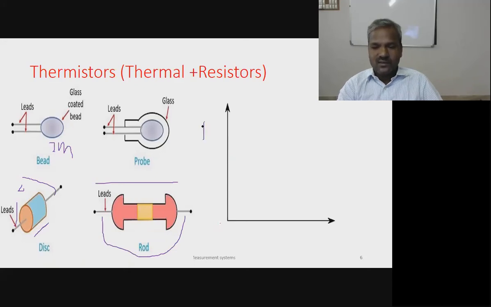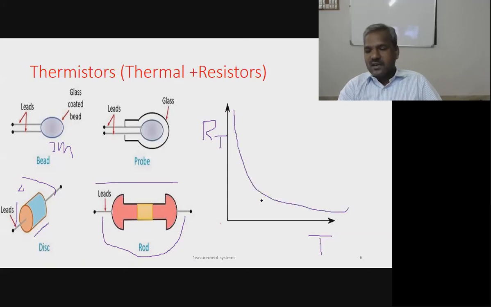Assume the y-axis is RT, the output of the thermistor, and the x-axis is temperature. The characteristic curve for the thermistor is exponentially decreasing. Whereas the characteristic of the RTD, PT100, is like this: 100 ohm at 0 degrees Celsius.